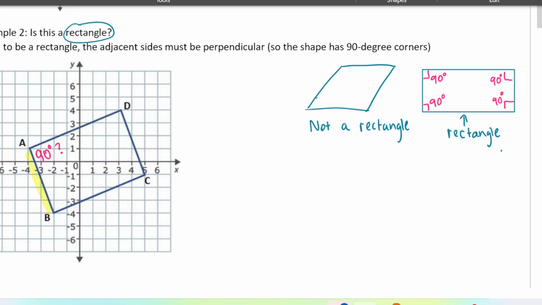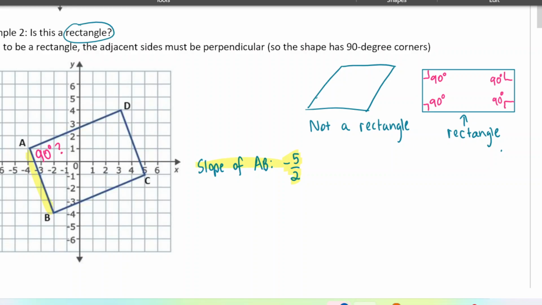So I'm going to start by finding the slope of AB. We can see we have to count down 1, 2, 3, 4, 5 over 1, 2. We can't reduce that. So I'm just going to color that so we can see.